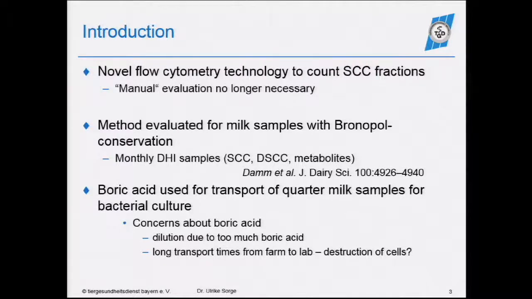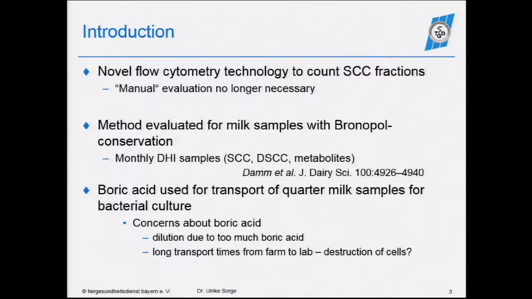However, in Germany, for the quarter milk samples that we get to the laboratory, we use boric acid in a very light concentration. And you are wondering, does it work with this kind of preservation as well? Because we have more boric acid than bronopol in the samples, do we have a dilution effect?